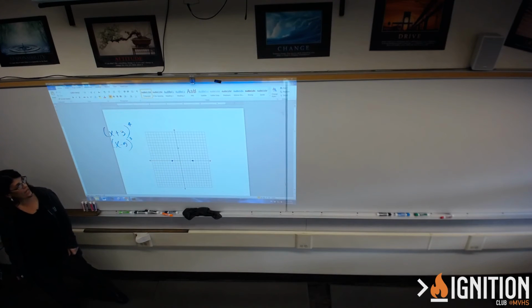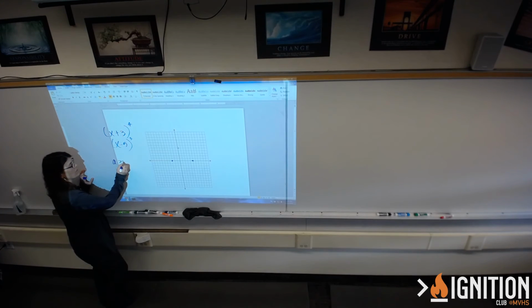So at negative 3, I bounce. Negative 3 is a bounce. What's the overall degree of this problem? 7. It's not written well, but it's 7. So end behavior: 0, down, up.